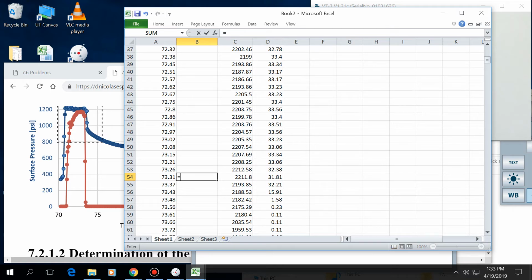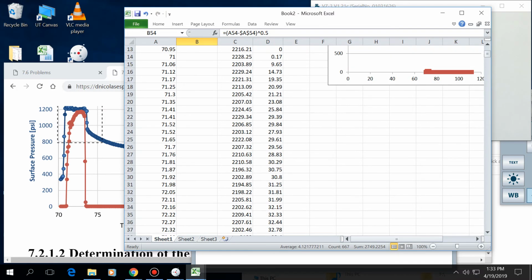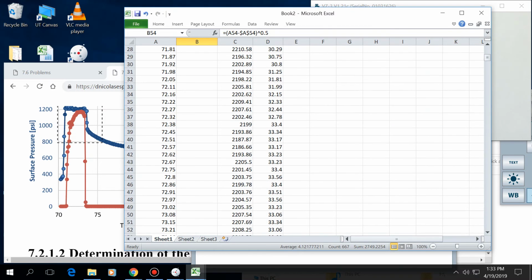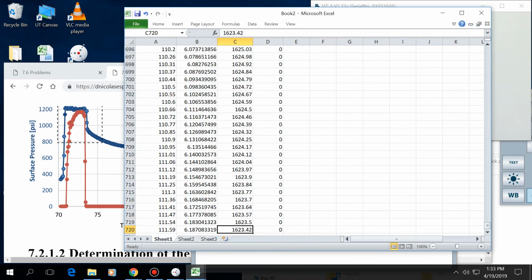Then what I'm going to do is I'm going to create a new zero here, and calculate the square root of that. And now I have a new axis. And now what I'm going to do is I'm going to plot this.